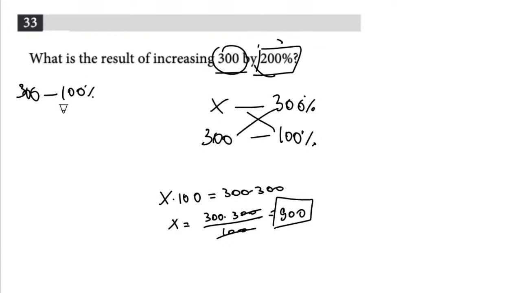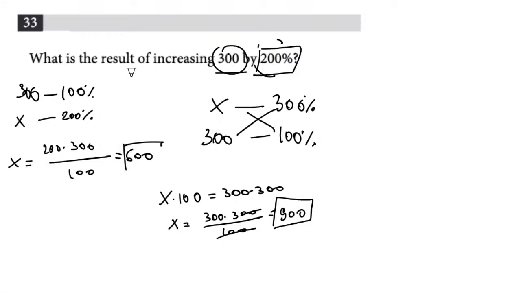Now I'm trying to find 200%, and it's x, so it's 2 times more. So x equals 200 multiplied by 300 divided by 100. I get 600. So 300 increased by 600, so 300 plus 600 equals 900. This is our answer.